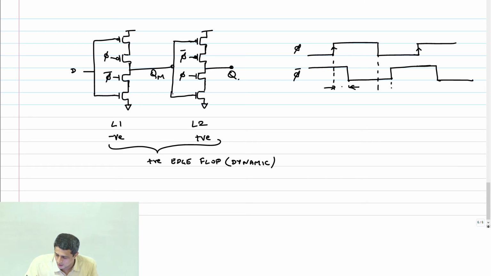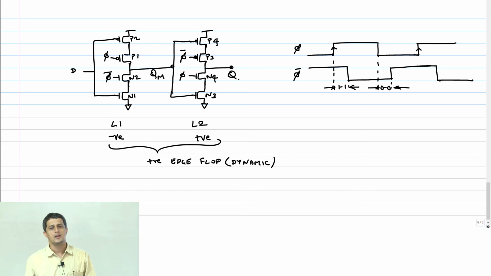This is 1-1 overlap, and this is 0-0 overlap. So first let us analyze the 0-0 overlap case. What will happen? Can you tell me what transistors will be turned on? Let me label them N1, N2, P1, P2, N3, N4, P3 and P4.